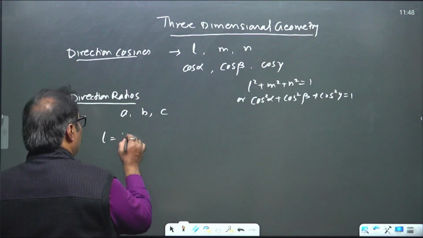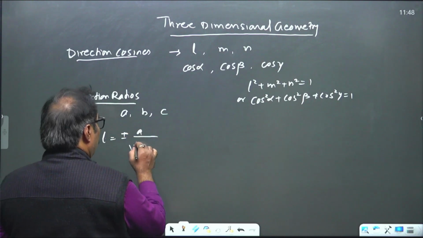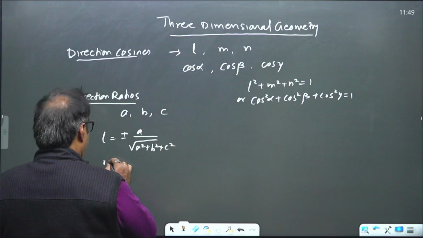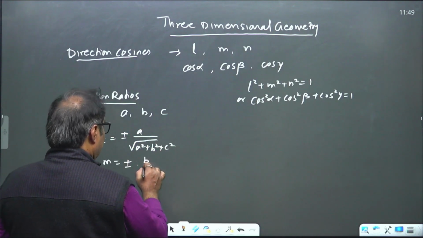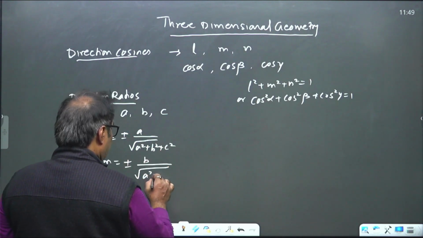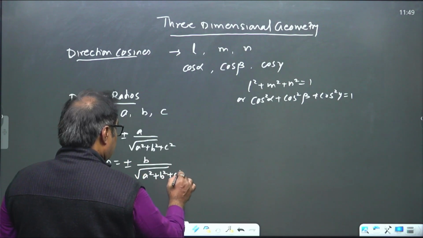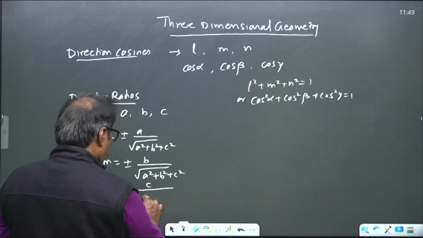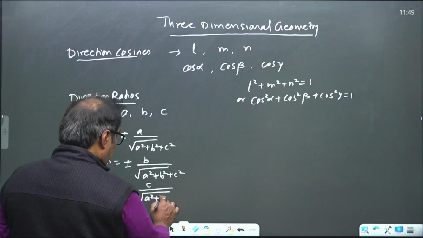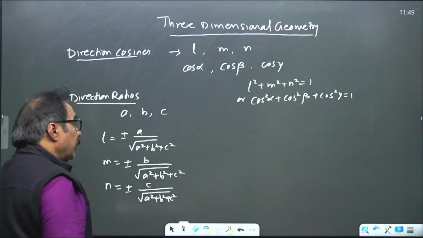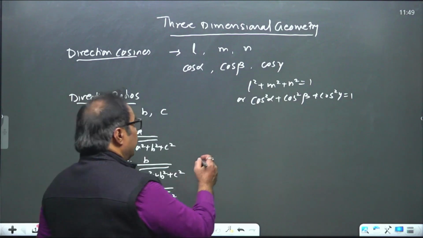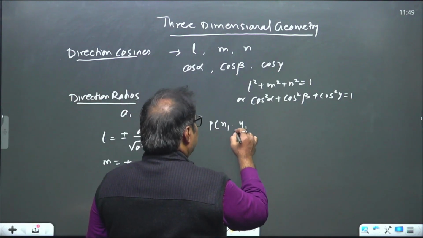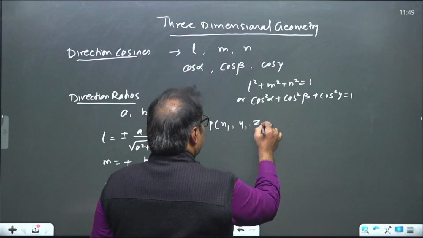L is equal to plus minus A upon root over A square plus B square plus C square, M is equal to plus minus B upon root over A square plus B square plus C square, and N is equal to plus minus C upon root over A square plus B square plus C square.